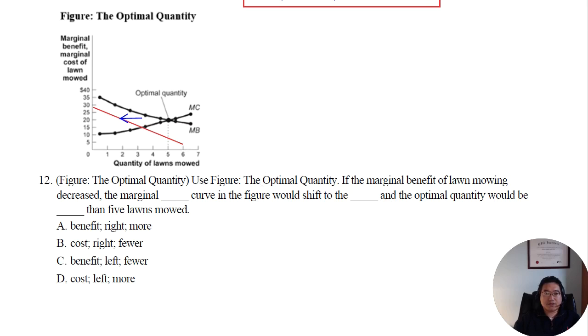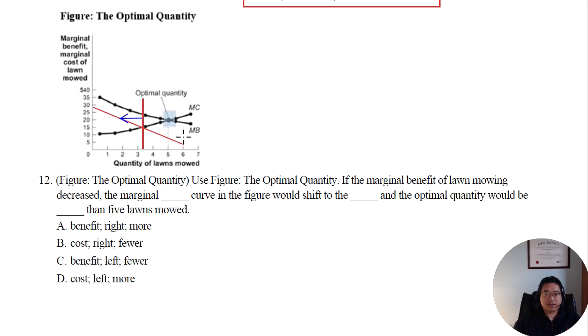And the result is, we can say our optimal quantity, where now we have a new point where the marginal cost is equal to the marginal benefit. This point is different from this point.